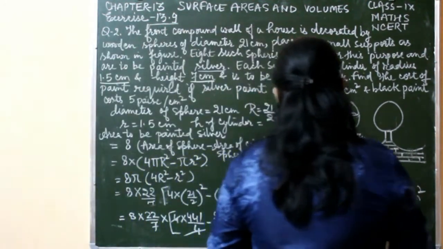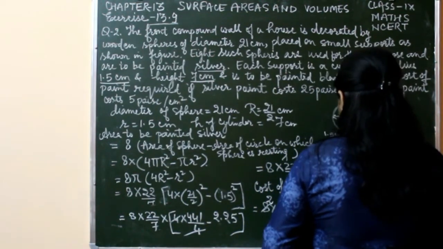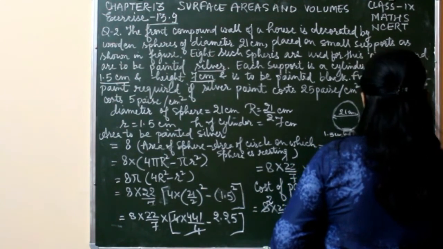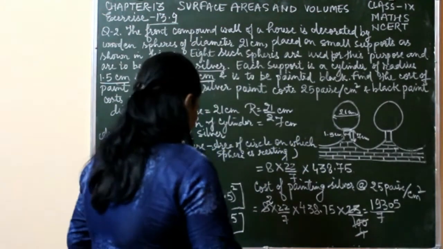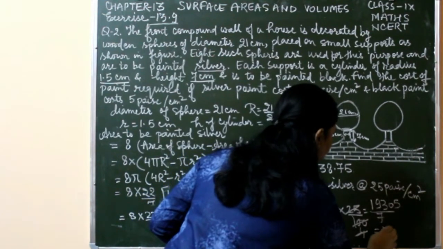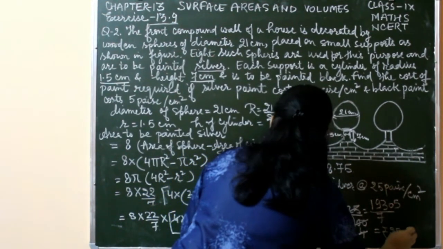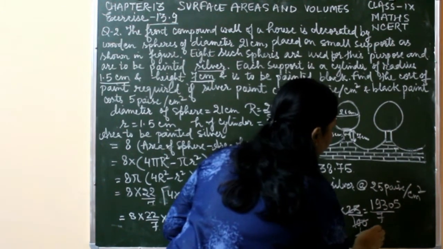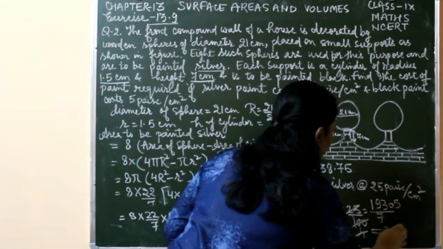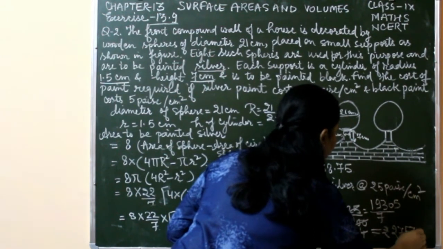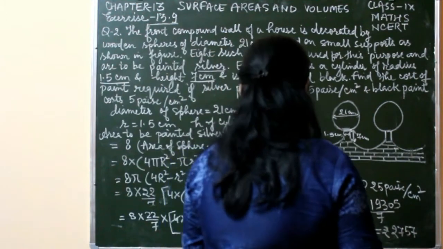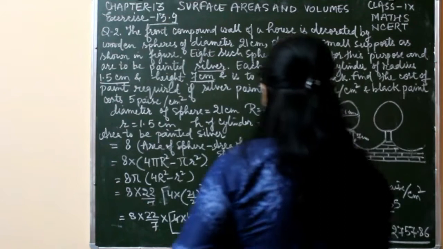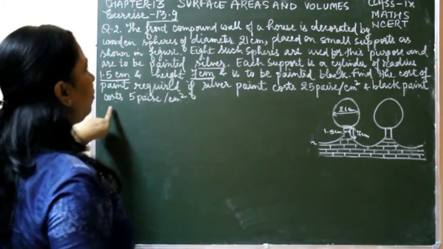So this is equal to 19305 upon 7, which is equal to rupees 2757.86.